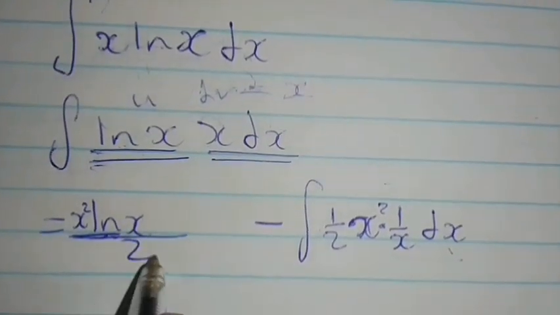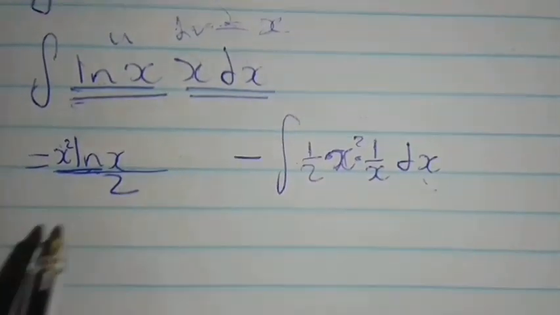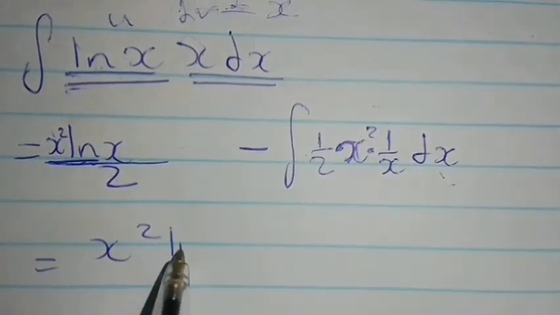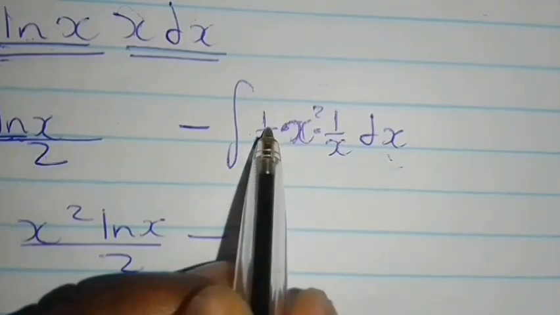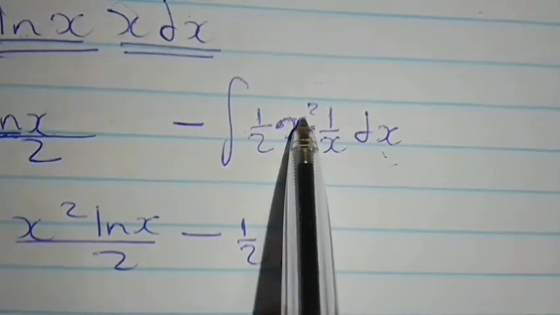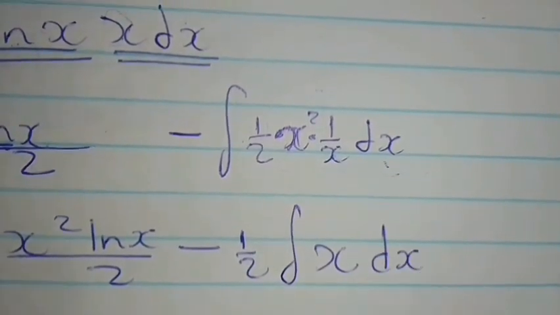So I'm going to have something like this. Then you'll have x squared ln x divided by 2. Then you subtract. You can put the half outside, properties of integration, and then x squared divided by x, that's x, and then you have dx of that.